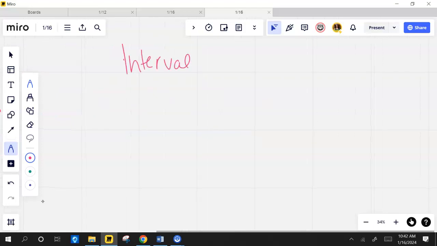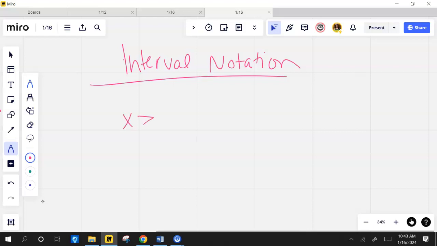We're going to write domain and range in what we call interval notation. Now, before, if you needed to say X was greater than, let's say, 3, okay? That's what we call an inequality, right? Y'all know about inequality?